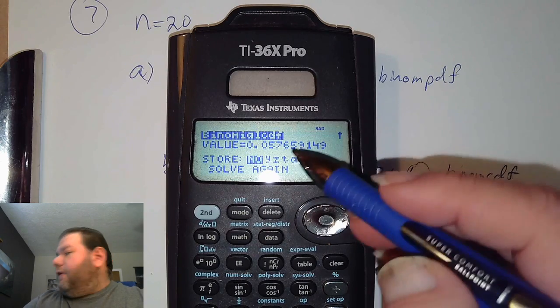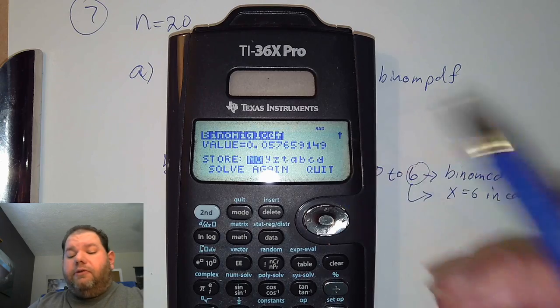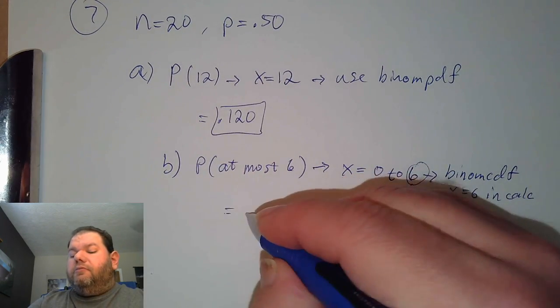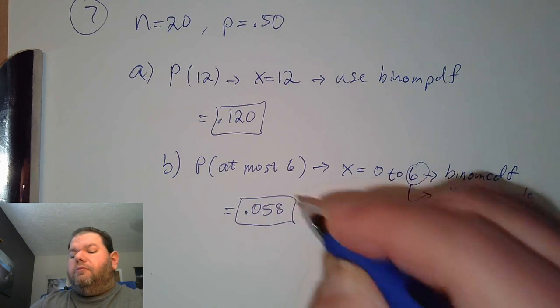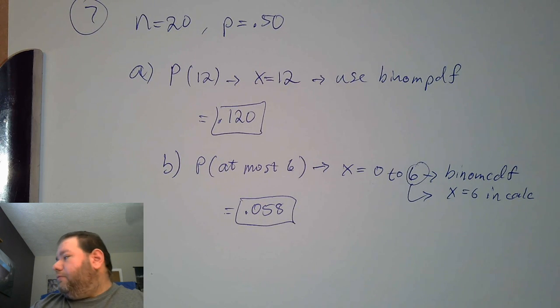And for this, we get a value of 0.058 if we round. So pretty low chance overall that we would have at most 6 be working part-time from our sample of 20. But it's not out of the question either.